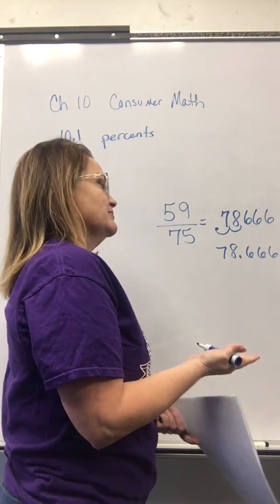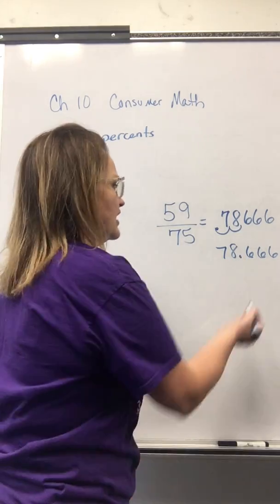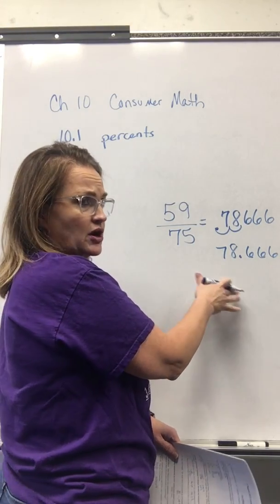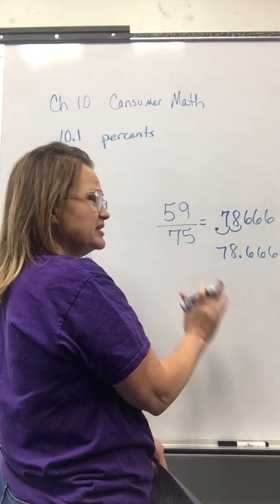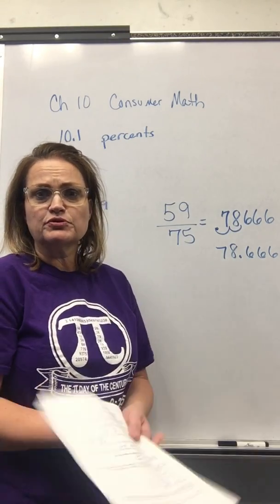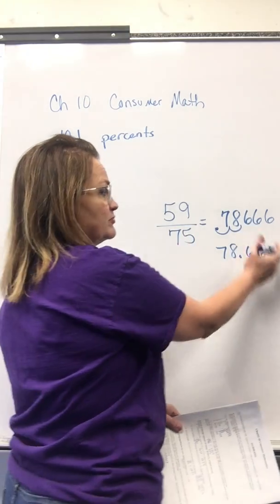Now, a question might be, what place should I round to? How many of these decimals should I keep? The directions, if you're doing one online or on a test or something, should say round to the nearest tenth of a percent or hundredth of a percent, but you want to go ahead and get it in percent form.